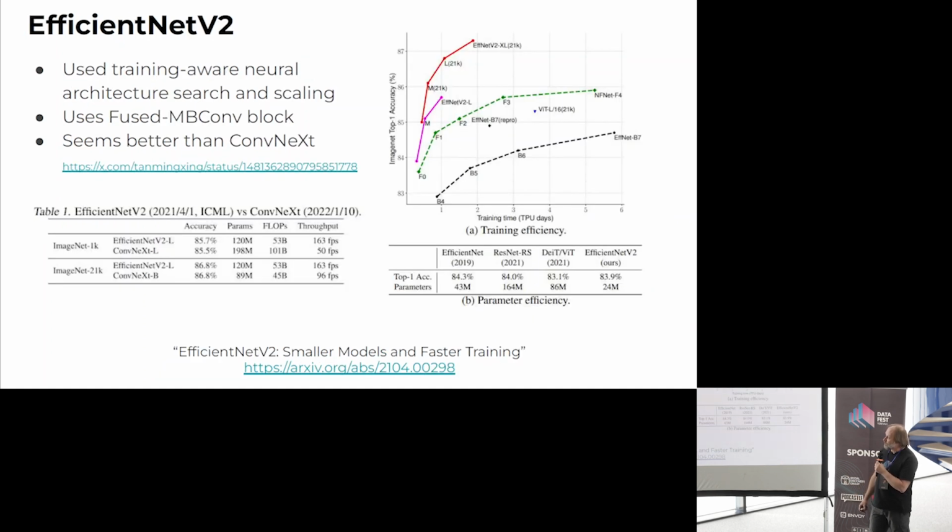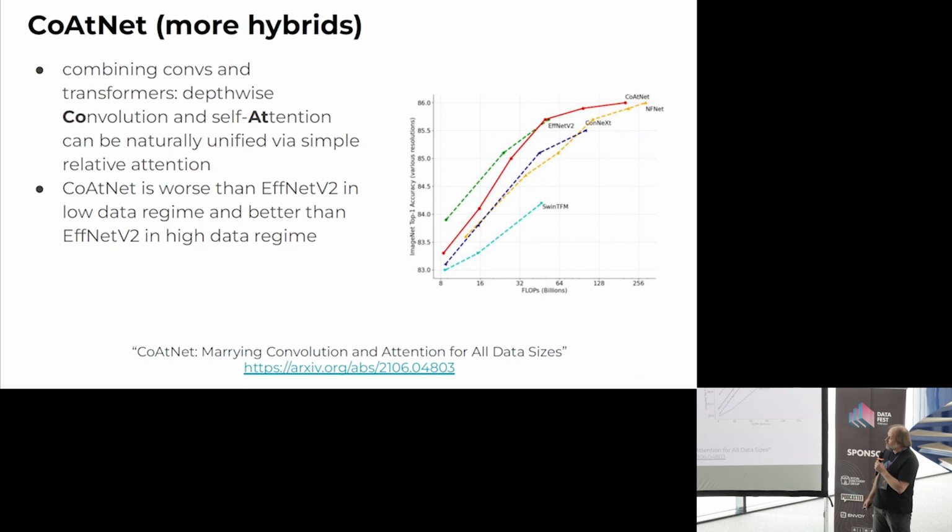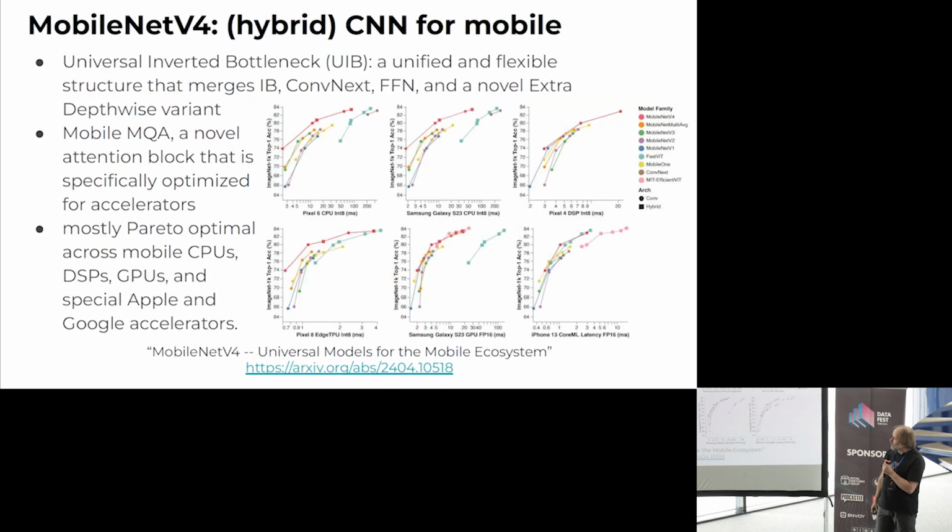Then suddenly people who trained EfficientNet, that pretty old architecture optimized for computer vision, showed that it's not worse than the new ConvNeXt, and it's a great model. You can use it for image classification and there is no need for any transformer here. Then the same authors proposed a hybrid model, CoAtNet. It's a mix of convolution and attention, and again, in some sense, it's even better than EfficientNetV2. And a recent update of this year, MobileNetV4, is a hybrid model that incorporates something from the transformer, some attention modules.